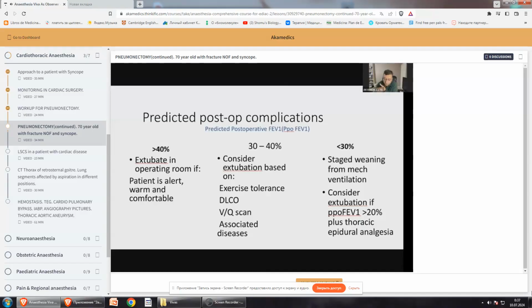So you have to make sure that adequate analgesia has been provided to these patients. Normally, where I have worked, paravertebral catheters have been placed, generally by the surgeon.